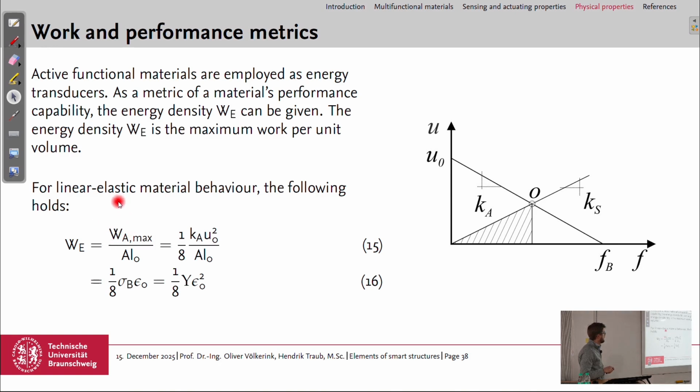And if we divide by the volume, so the volume specific work capacity, cross section times length is the volume, then we have the energy density of this structural system, which can be the modulus times the displacement epsilon 0 squared, 1/8 again.